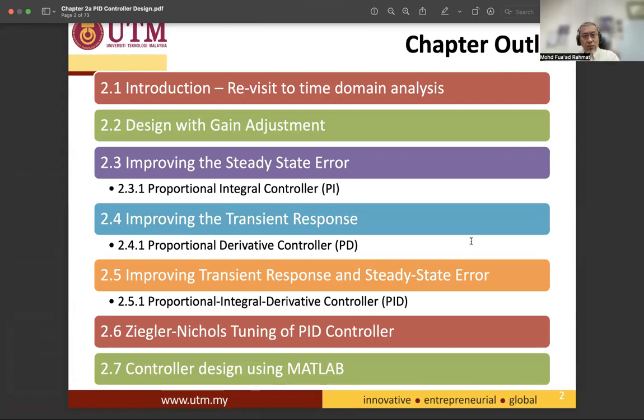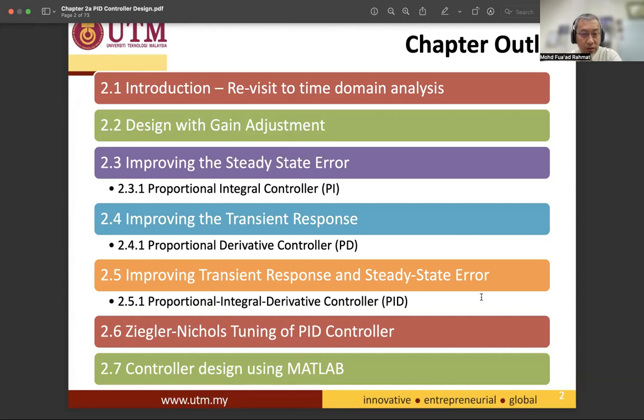My lecture will be based on the listed subtopics, which are: introduction by revisiting the time domain analysis; design with gain adjustment; improving the steady state error using a proportional integral controller, or PI controller; improving the transient response from slow to faster using a proportional derivative controller; improving transient response and steady state error simultaneously using a proportional integral and derivative controller, PID; and the second last topic, the Ziegler-Nichols tuning of the PID controller.